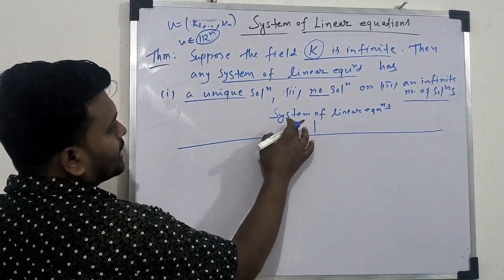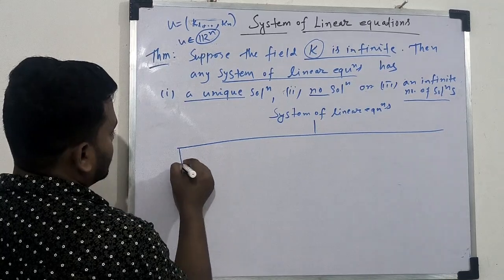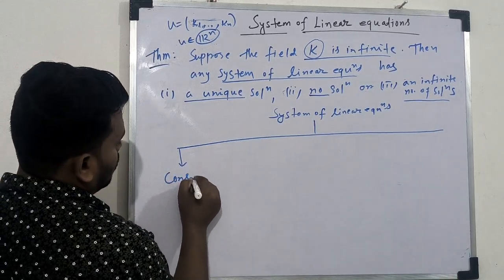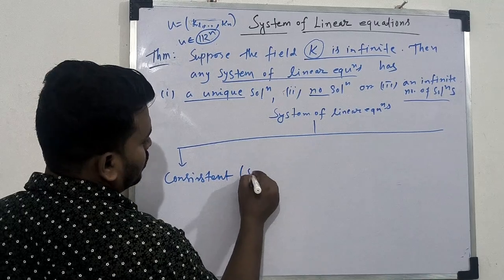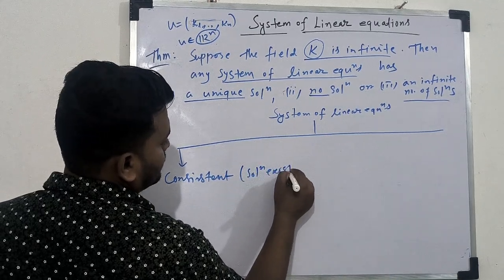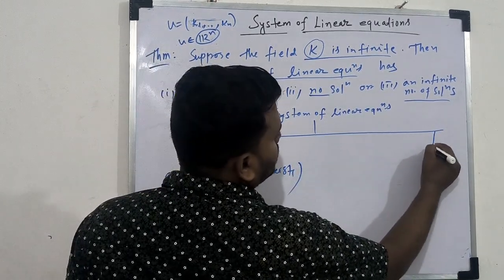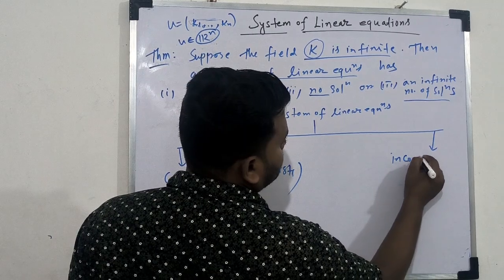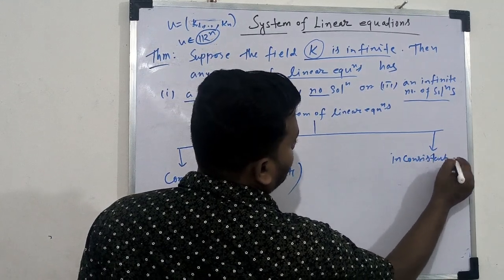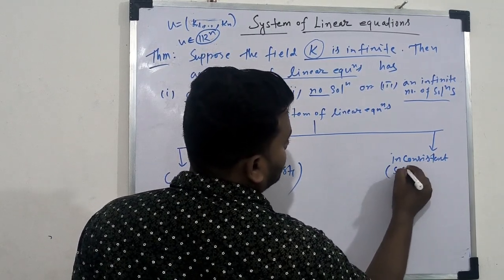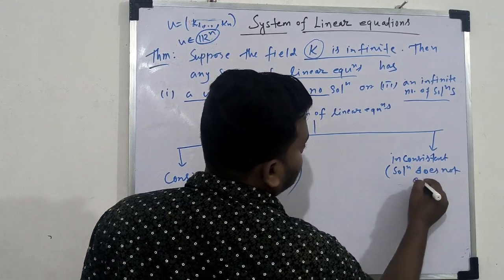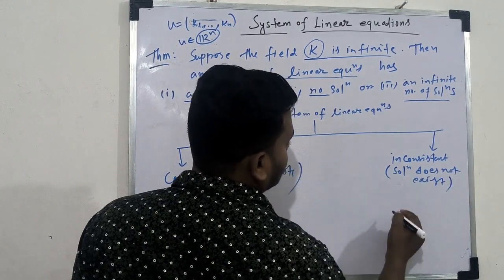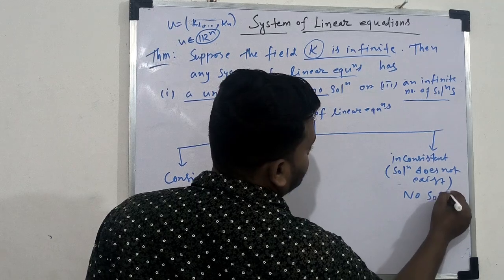So whenever you are given a system of linear equations, it can be consistent, that is solution exists, or inconsistent, that is solution does not exist, that is no solution for this case.